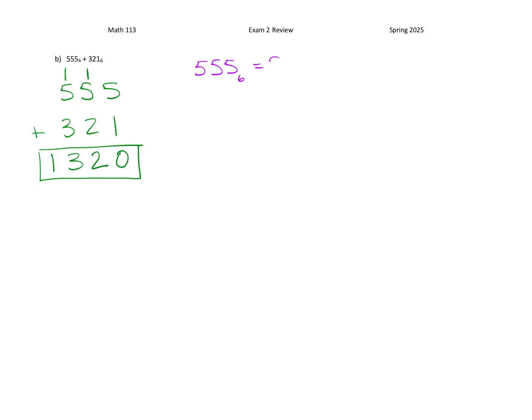Okay, so this is going to be 5 times 36 plus 5 times 6 plus 5 times 1. So 5 times 36, that's 150 plus 30 is 180. Plus 30 is 210, plus 5 is 215.